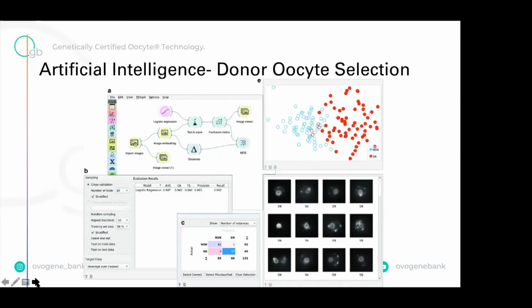So when we put them under the time-lapse camera, the artificial intelligence software captures more than 100 captures. It makes different measurements for the perivitelline space, polar body, Zona Pellucida, oolemma. All this data is collected in the artificial intelligence, and in the end we get the final selection.